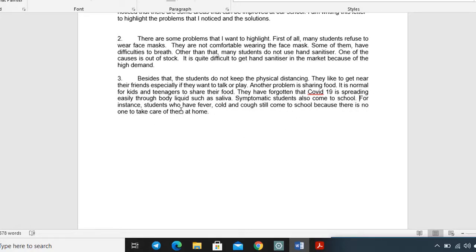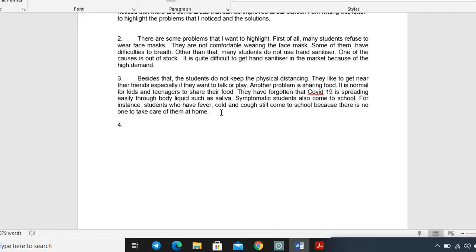For instance, students who have fever, cold, and cough still come to school because there is no one to take care of them at home. So no one is going to babysit them. No one is going to babysit you. So although you have the symptom, you still come to school. Fever, demam, cold, selsema, cough maksudnya ialah batuk. Okay, now we have more than 5 sentences already, so you can go to the next.